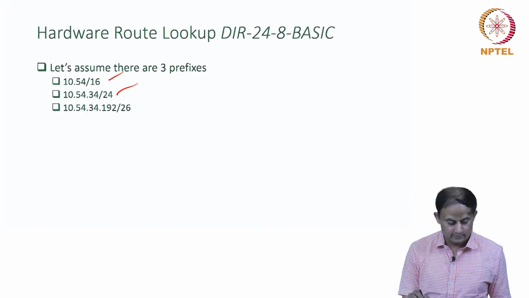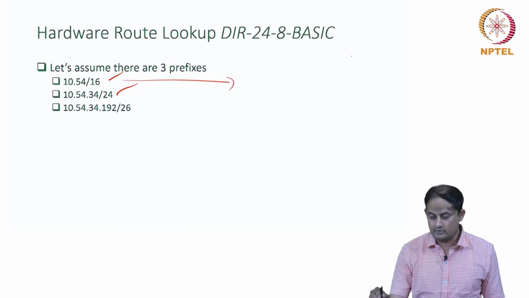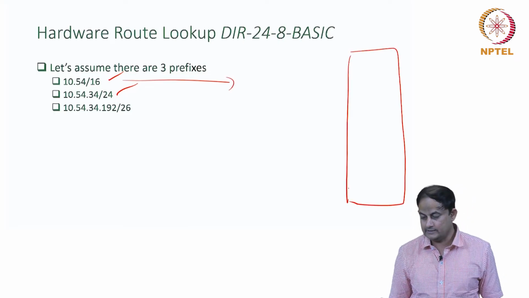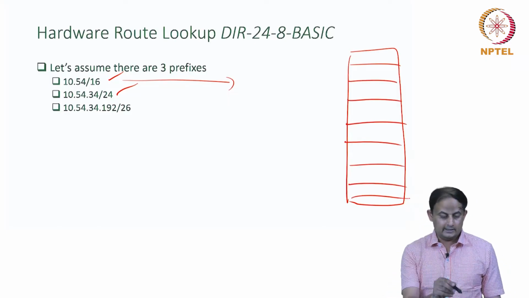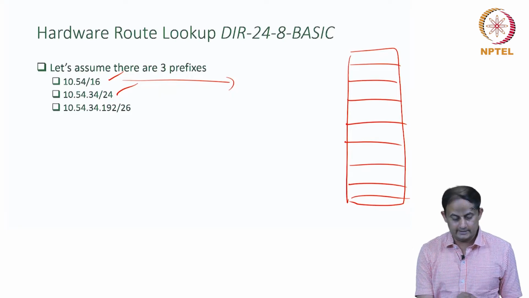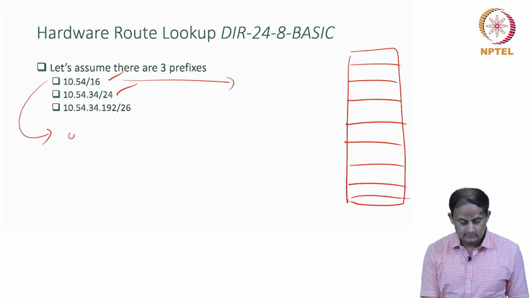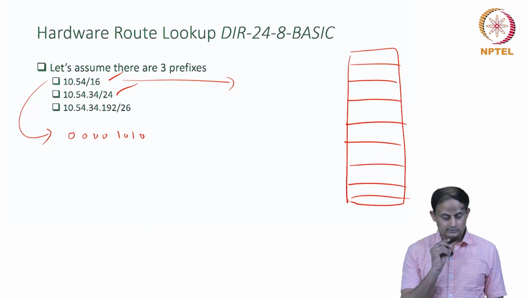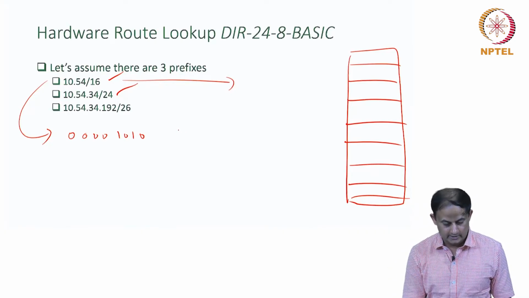So, 10.54, I first convert this into binary for the first level table entry. The first byte looks like 0 0 0 0 1 0 1 0, the 10 is over, and 54 when you convert it to binary you get 0 0 1 1 0 1 1 0.